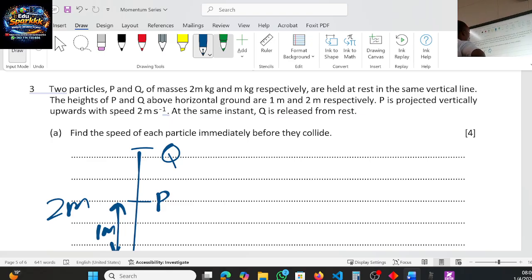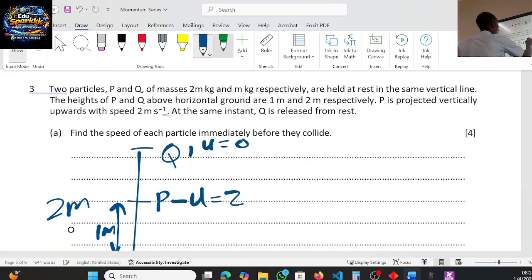Object P is projected upwards with an initial speed u of 2 meters per second, and we know Q starts from rest, so that's 0.